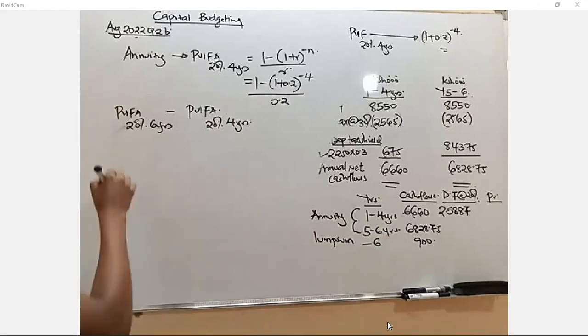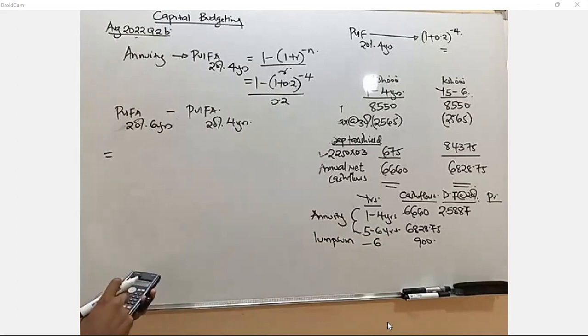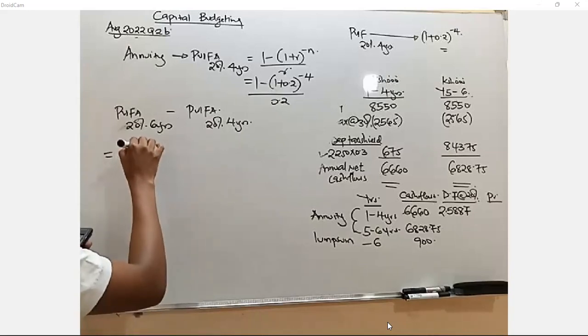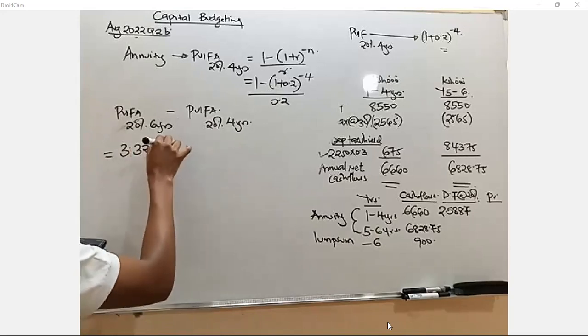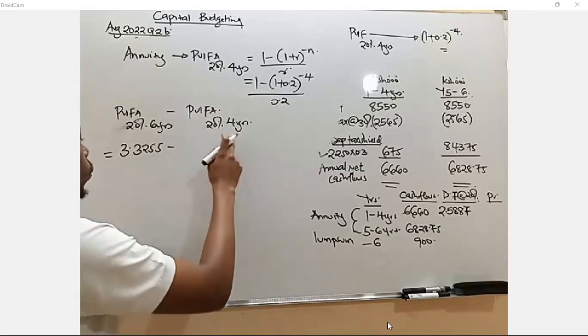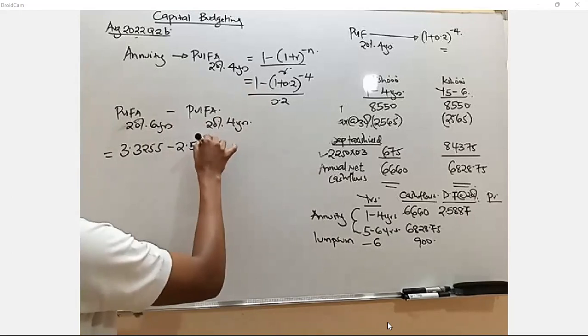So in this case, it is very simple. Let me apply my formula here. 1.20 raised to negative 6. 1 minus answer, then we divide it by 0.2. We are getting 3.3255, minus the present value interest factor annuity, 20%, 4 years, which is what we have gotten up there, 2.5887.